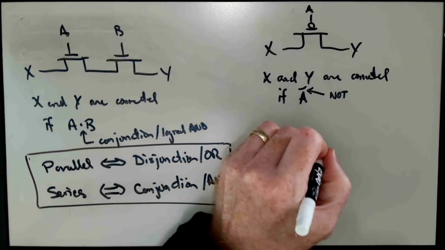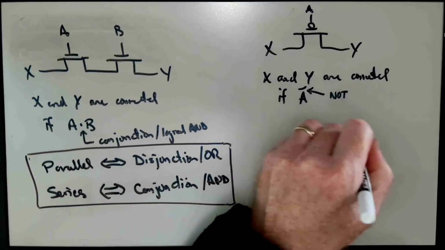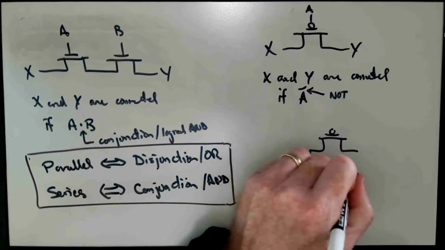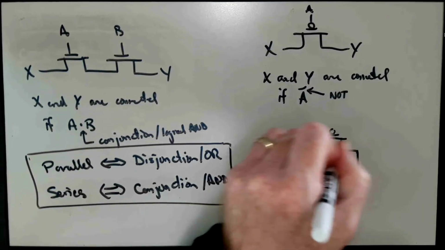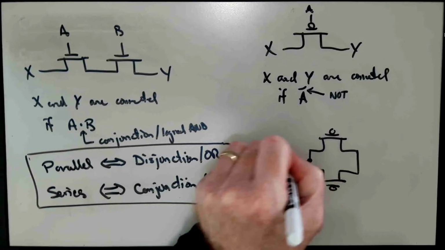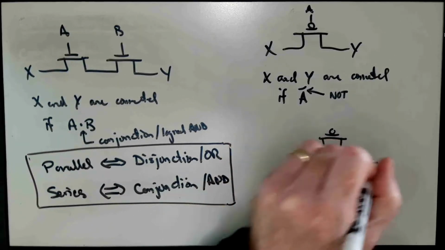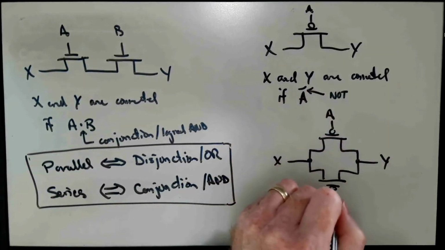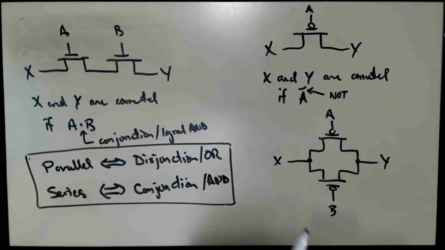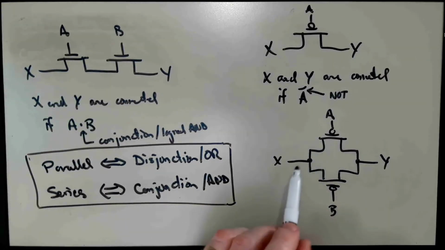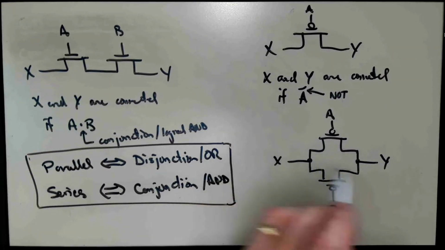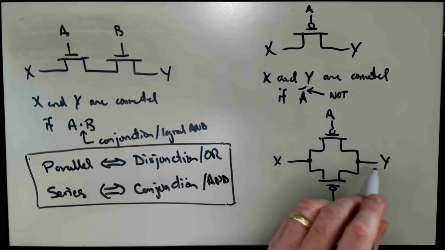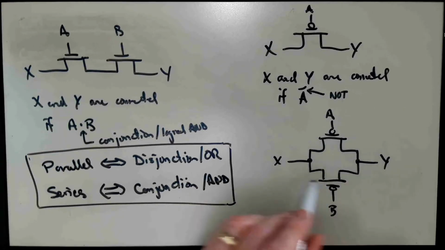What about two Pmos transistors in parallel with each other? Here again, we're going to get conduction between x and y if we have conduction through the A path, or we have conduction through the B path, or we have conduction through both paths.